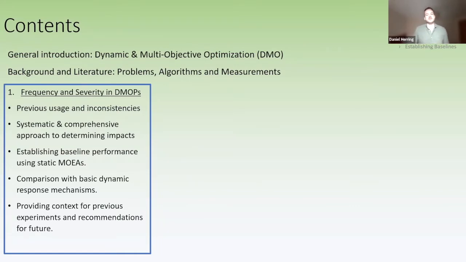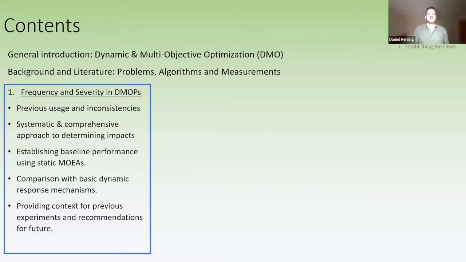This is an almost entirely ignored topic, and previous works experimenting on dynamic multi-objective optimization benchmarks either use a narrow range of parameters, settings inconsistent with other works, or provide no justification for the values selected.